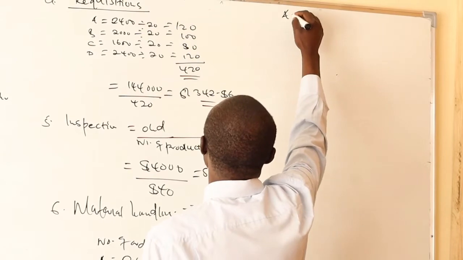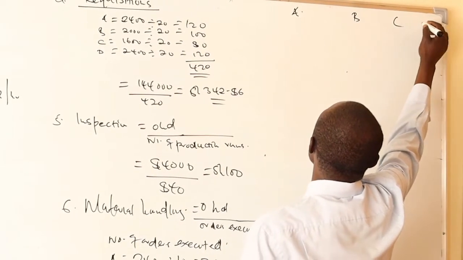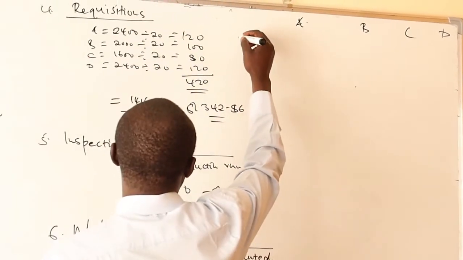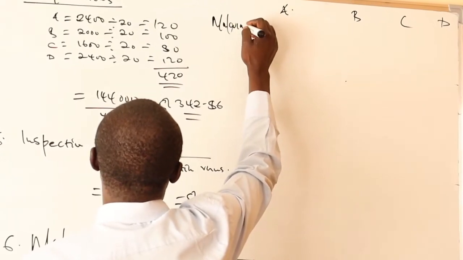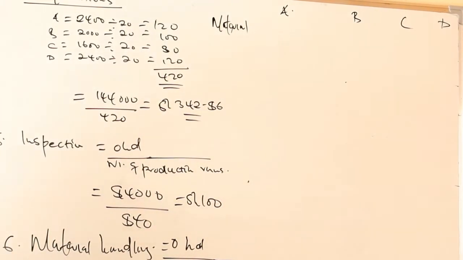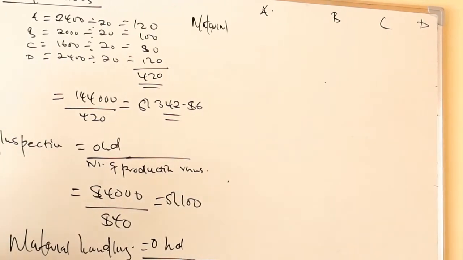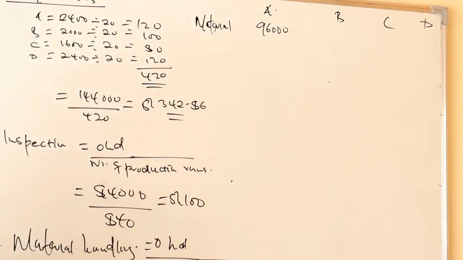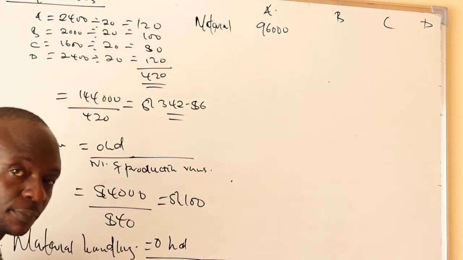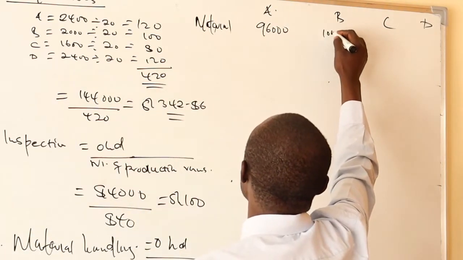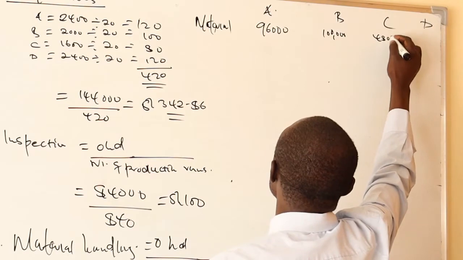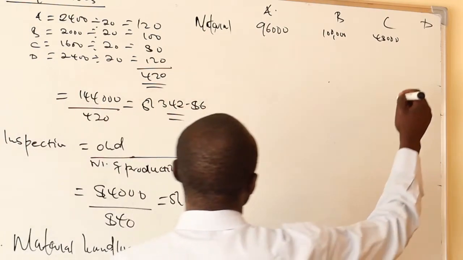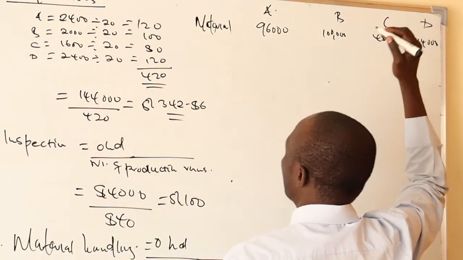So we have products A, B, C, and D. We have the material cost. We had already determined the cost of material for product A. It was 96,000. This one doesn't change. For product B, it was 100,000. For product C, 48,000. And product D, it was 144,000. We had determined that already.